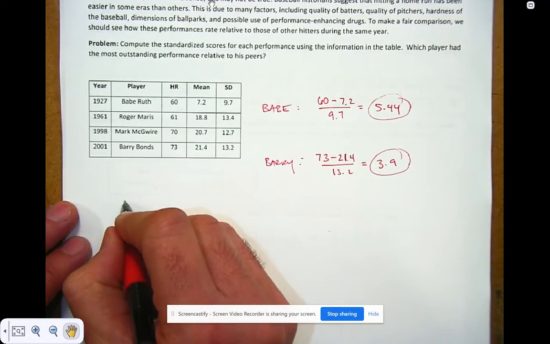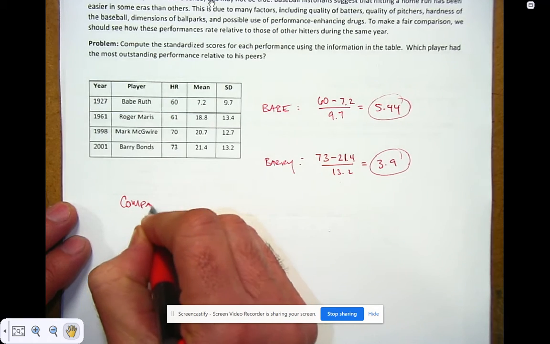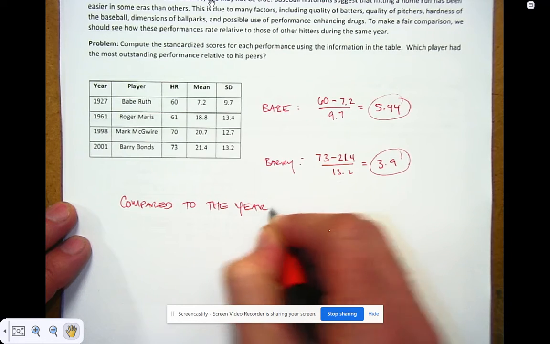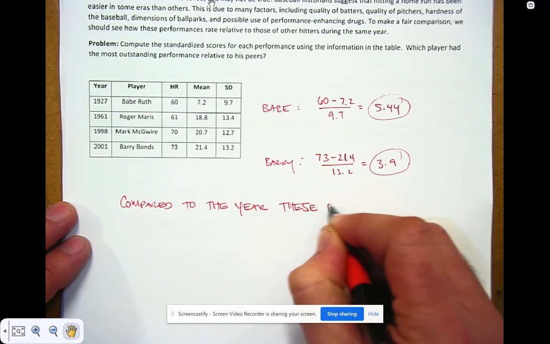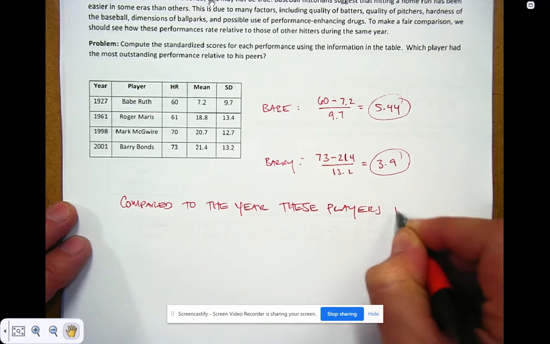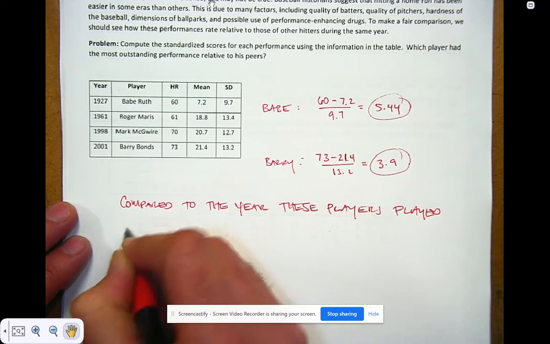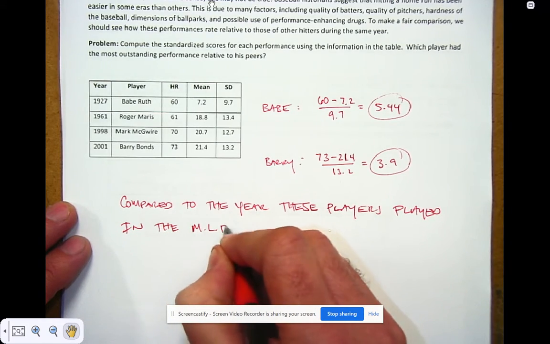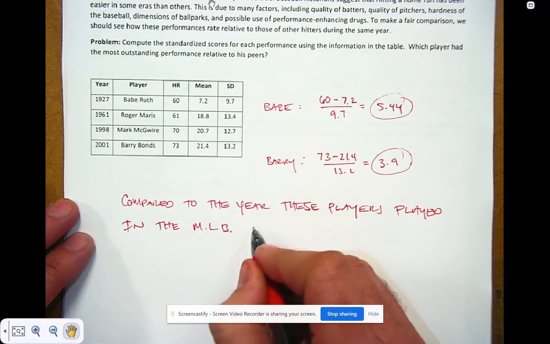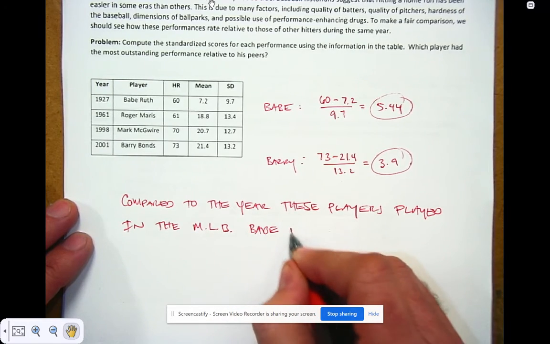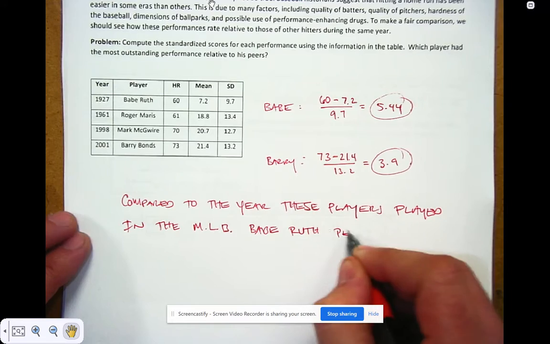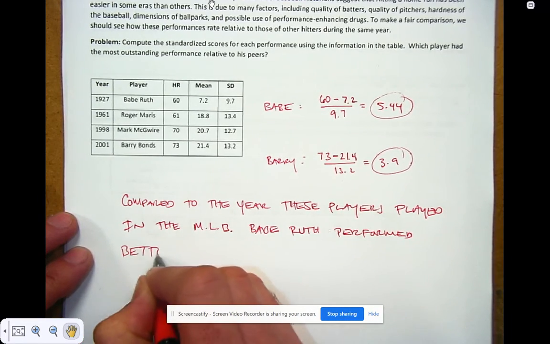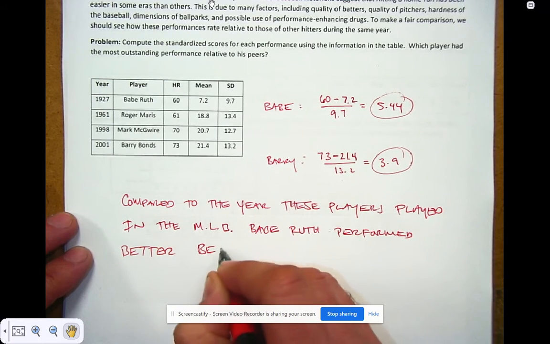So you would say, compared to the year these players played in the major MLB, Major League Baseball League, okay, Babe Ruth performed better because, how come?